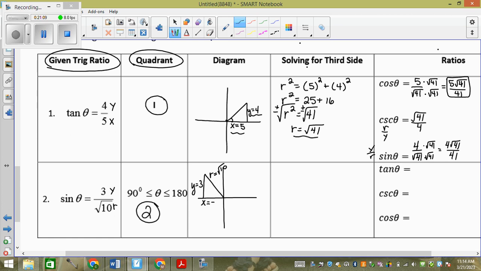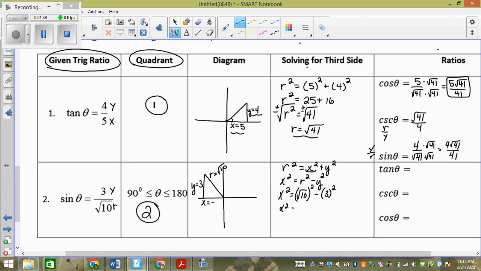So our formula is r squared equals x squared plus y squared. But I need x squared by itself, so I'm just going to subtract the y squared over. So I'm going to go x squared equals r squared minus y squared. And then I plug in my values. X squared equals square root 10 squared minus 3 squared.